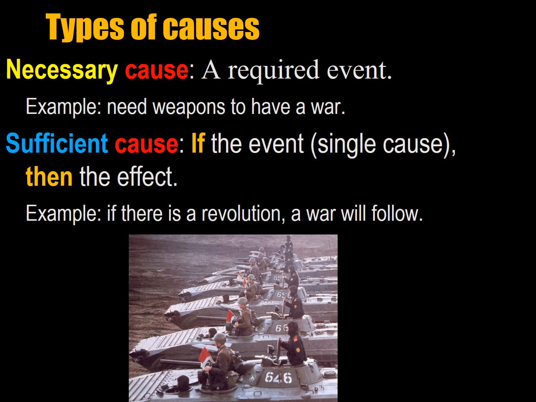The first is a necessary cause. This is a required event, something without which the outcome could not occur. The dependent variable could not vary to a particular value. For example, you have to have weapons to have a war, right? Now, we know this is not true.